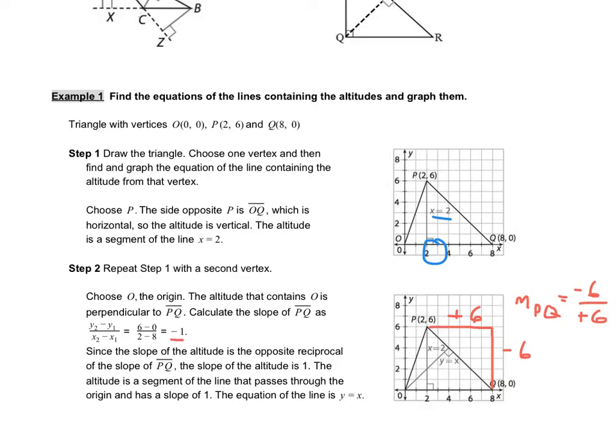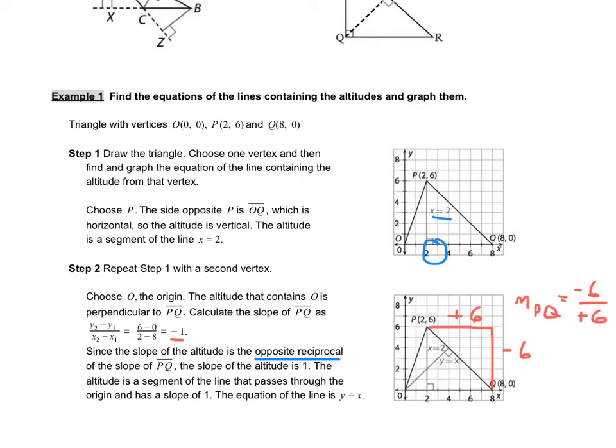Now remember, what we want is actually the altitude's equation, not this line's equation. So the slope of the altitude is the opposite reciprocal. There are those words again. I'm going to underline this in blue so that we can talk about what that would be when we draw that segment in. The slope of that altitude then is +1.